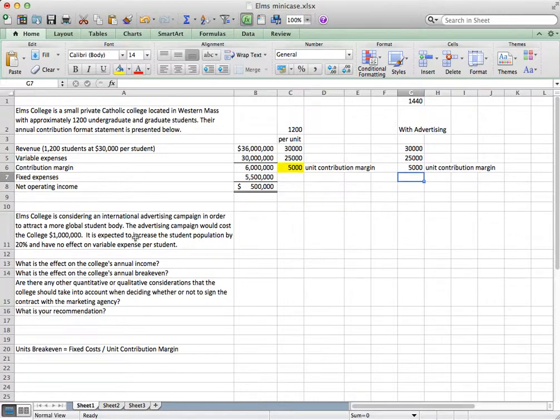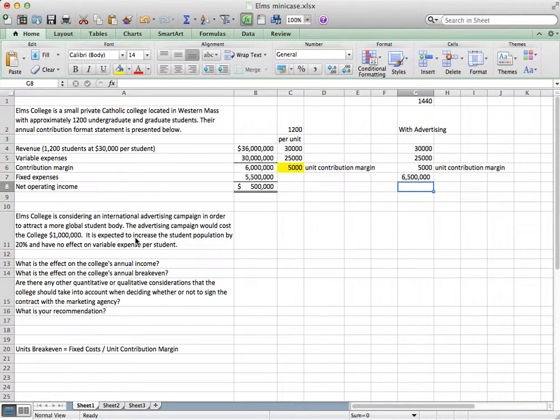Our fixed costs, we said we're going to change, where we start with the $5.5 million and add $1 million. So I've added $1 million. When I come down now and do my unit break-even, my break-evens will look a little bit different.